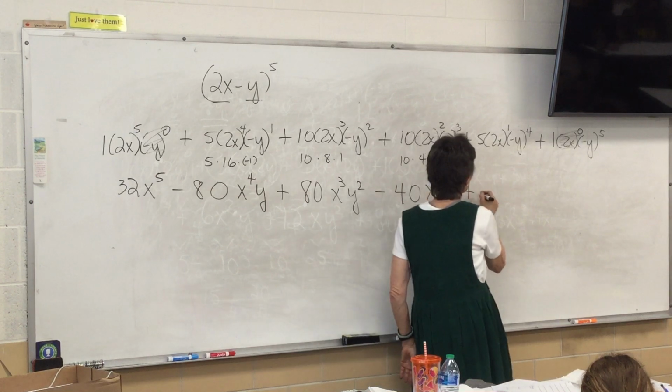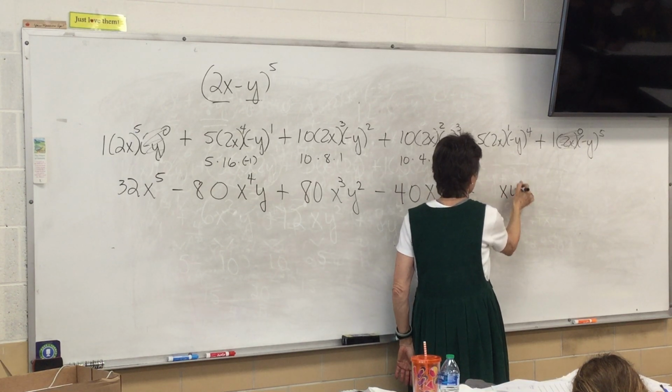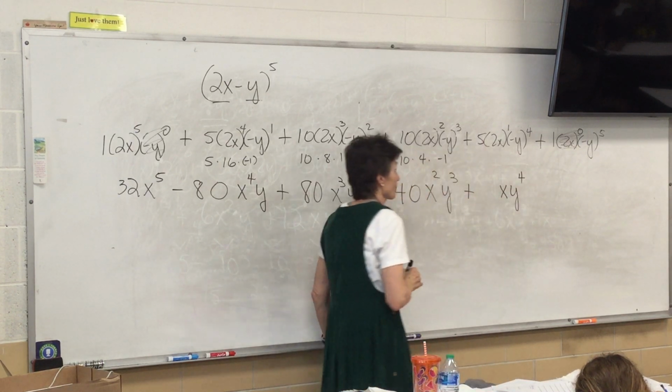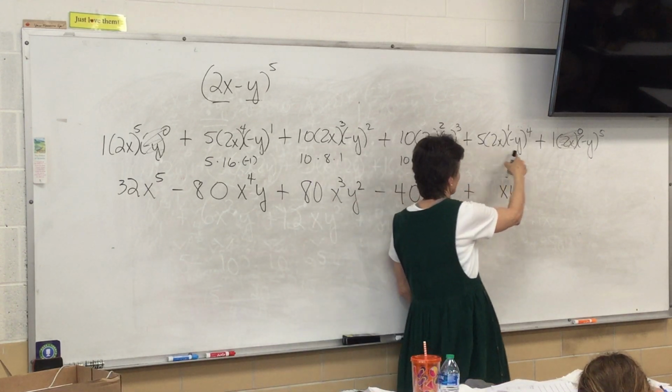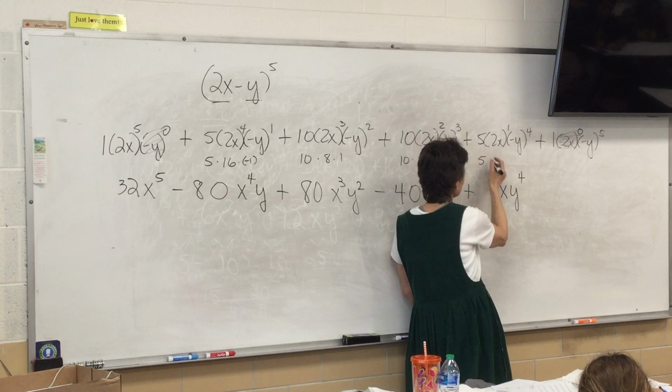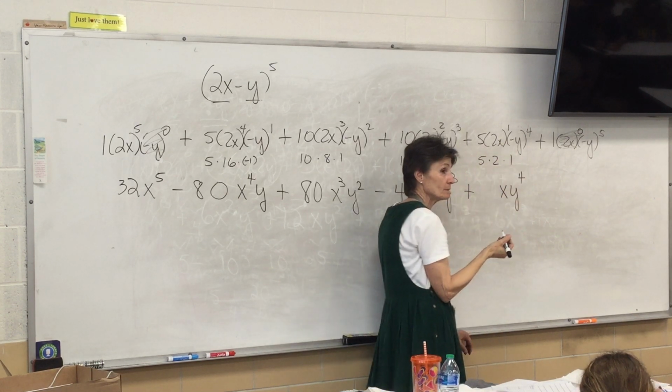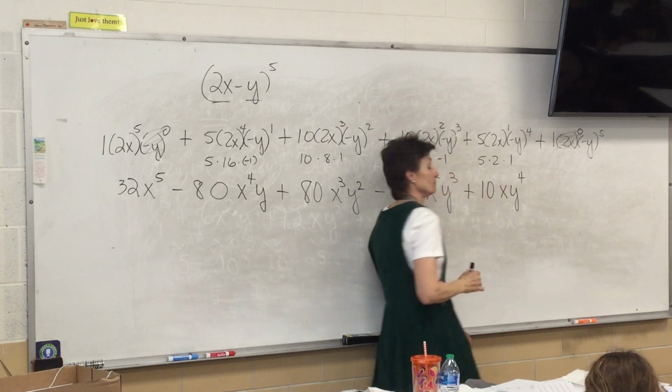The next one is going to be an x and a y to the fourth. And what's its coefficient going to be? We have a 5 times a 2 times a 1. So just 10.